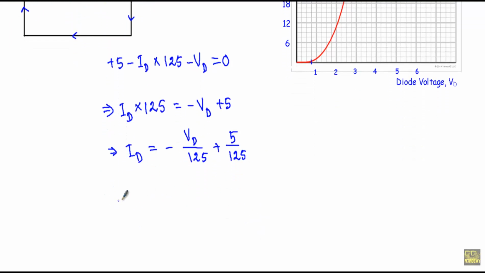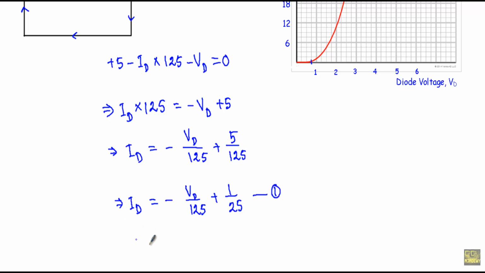If I further simplify this, I will get ID equal to minus VD divided by 125 plus 1 by 25. Let's say this is our equation number 1.